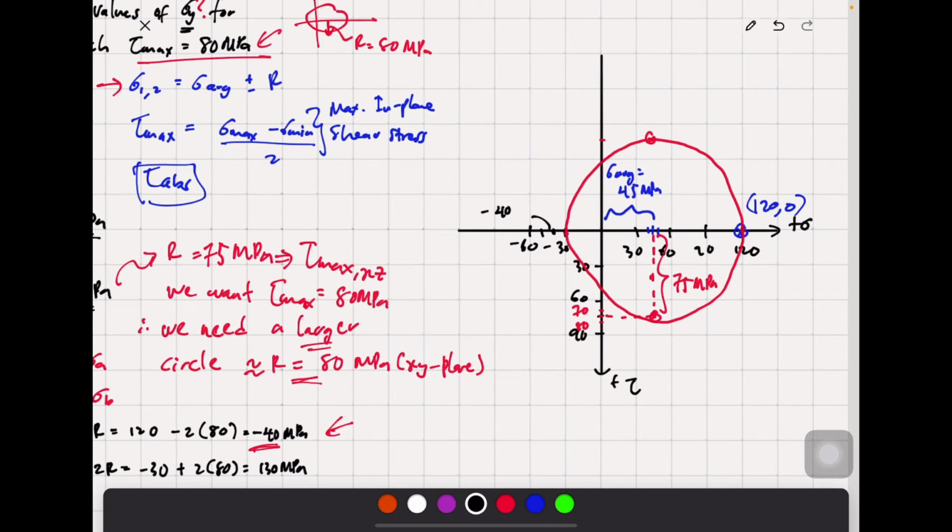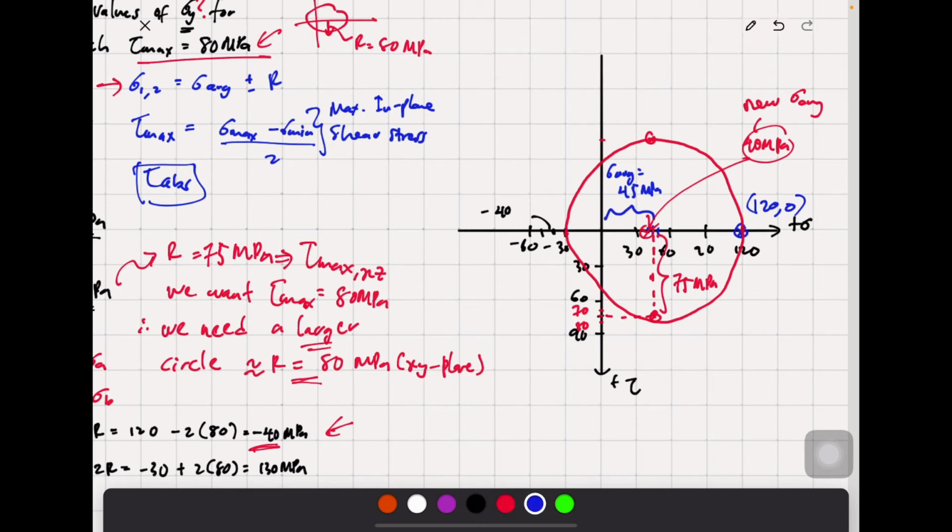All right, your new sigma average will be over here, 40 megapascal for the new sigma average, right?